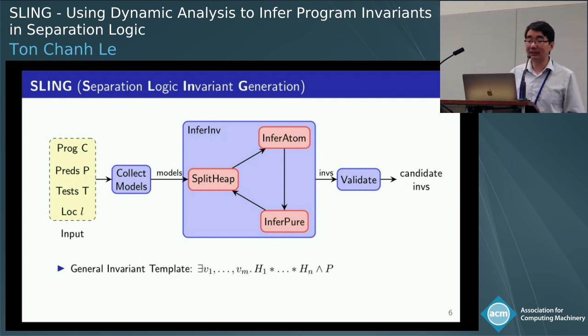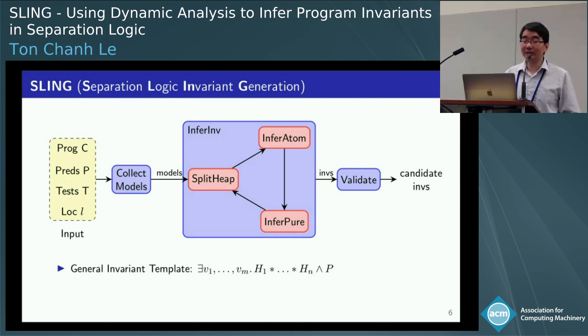First is model collection, to run the program C under the tests T and collect the models at the location L. Then the main component, infer invariant, takes these models and derives the candidate invariants, and then we also have validation of the validity of the invariants.